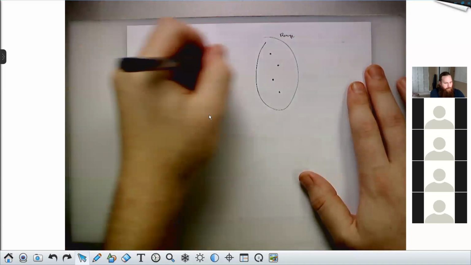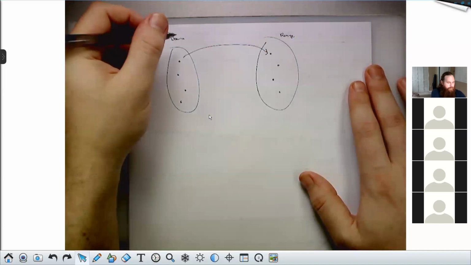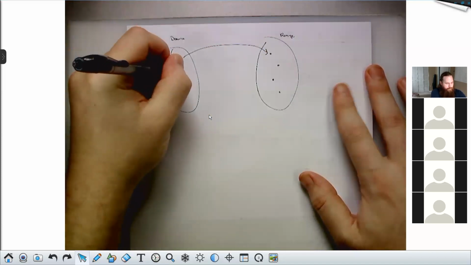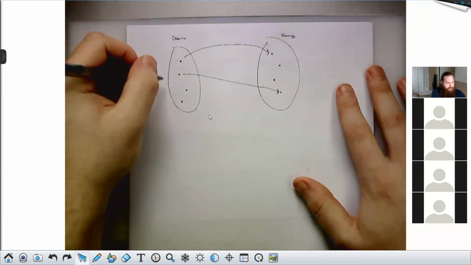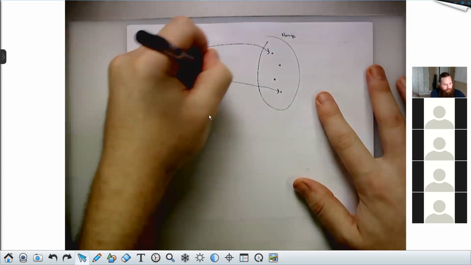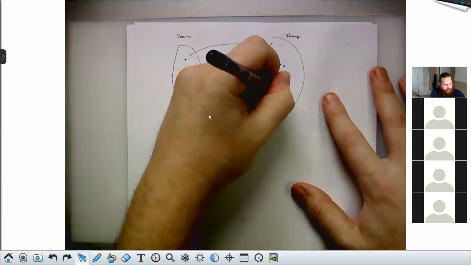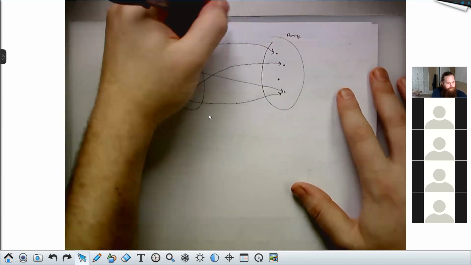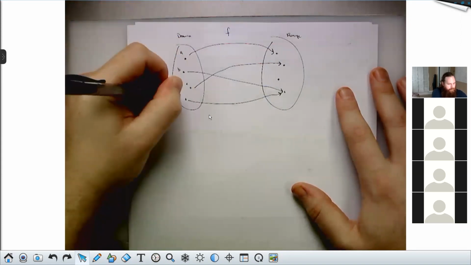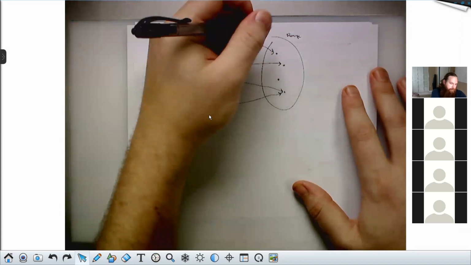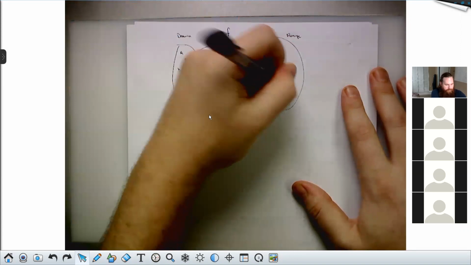And f brings stuff from the domain to stuff in the range. So maybe it brings that first guy to that first guy, this second guy to that guy. Maybe this guy goes here, and maybe this guy also goes here. So this mapping would be f. I'll call this A, B, C, and D, and W, X, Y, and Z.